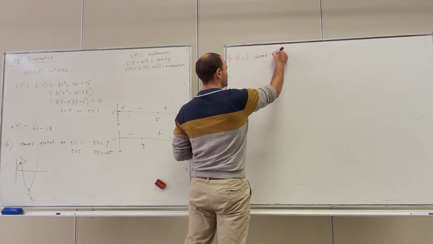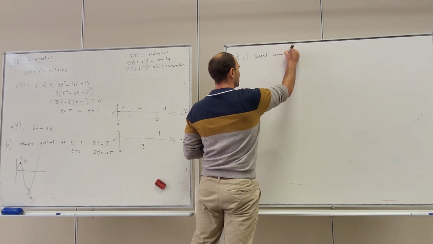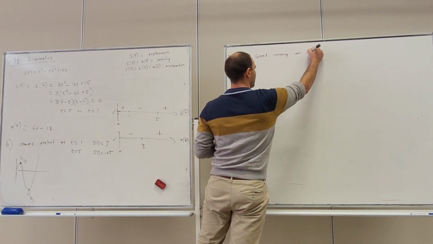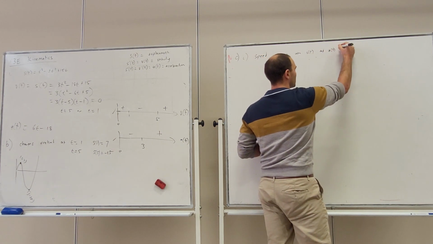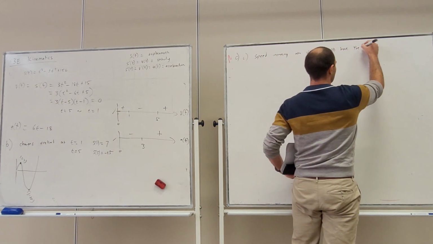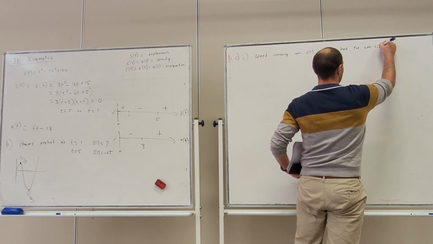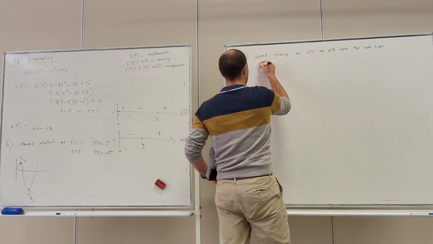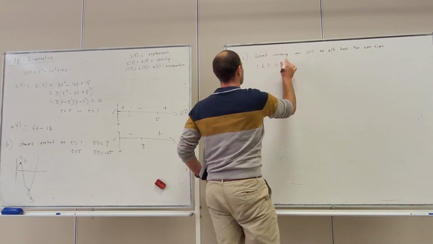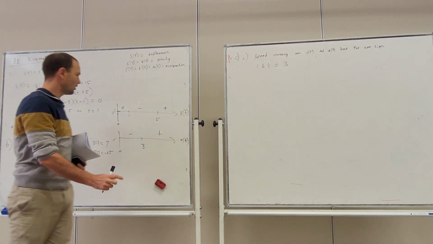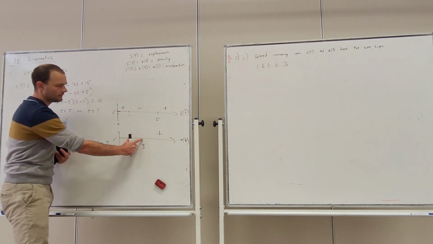Speed increasing. I'm going to write the whole thing up. When v of t and a of t have the same sign. Okay, so that's between 1 and 3. Right, between 1 and 3, they're both negative.